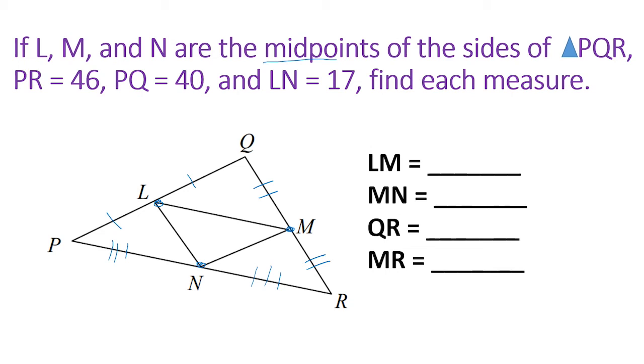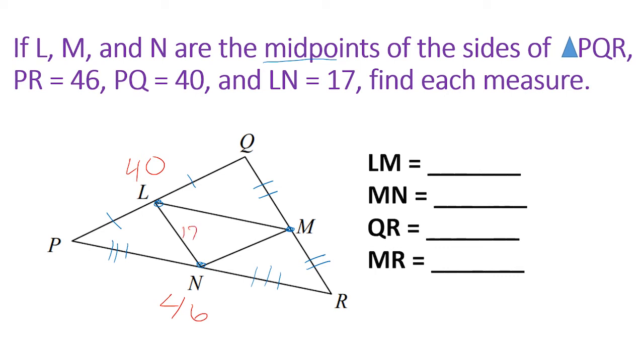So those are all midpoints. PR is 46, so let's label that. PR is 46. PQ is 40. And LN is 17. So let's find these missing sides.